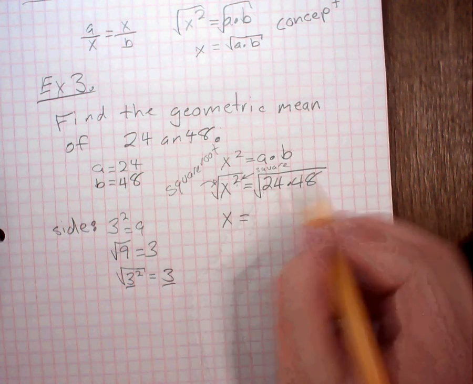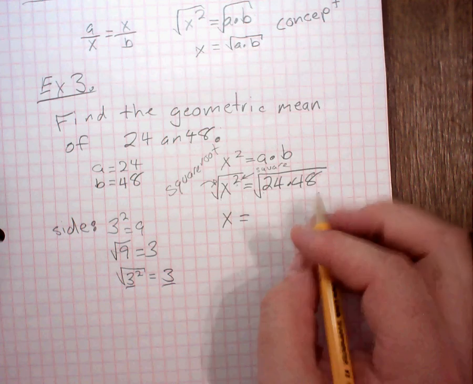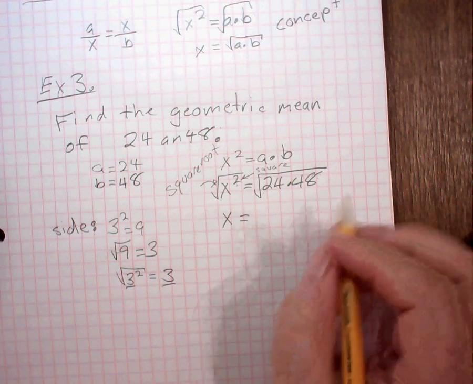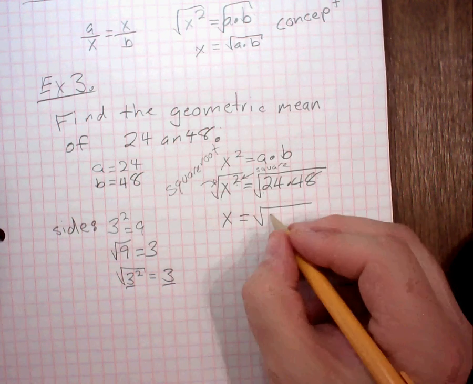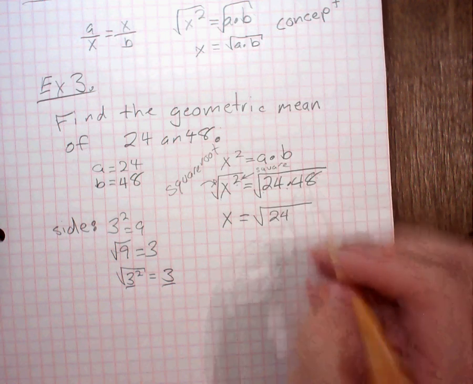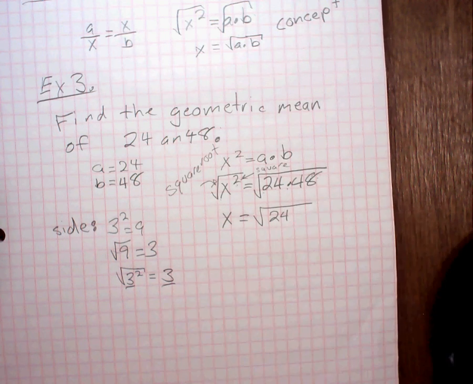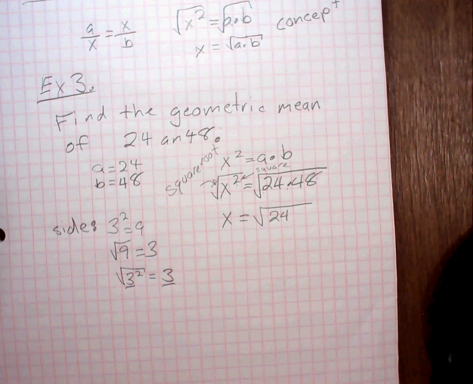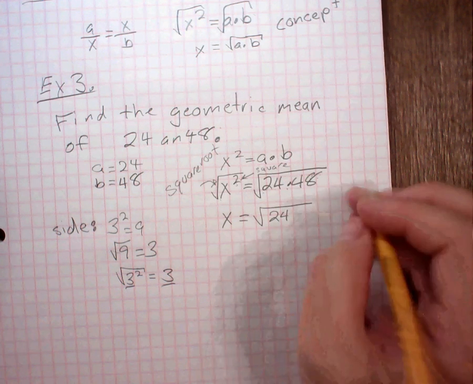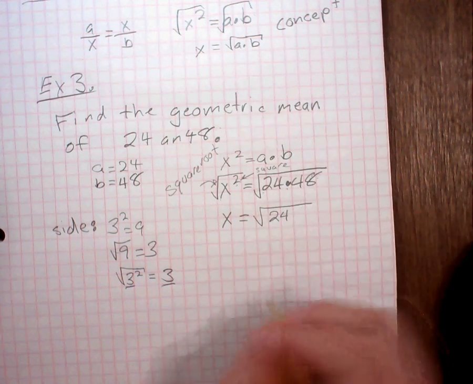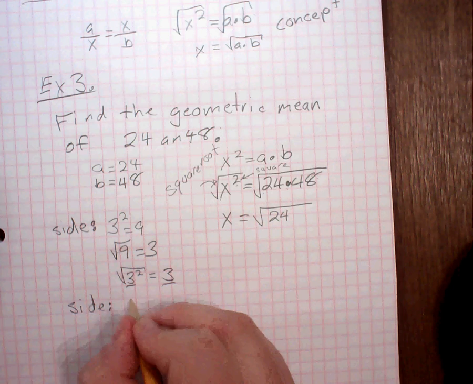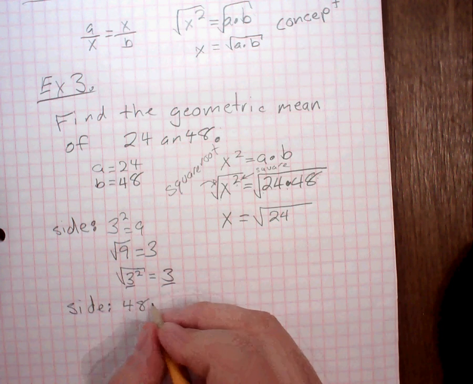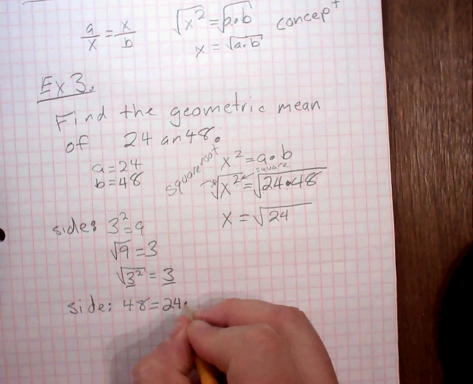Alright, so one of the properties that we could use here is to break this down into squares so we could pull stuff out. I happen to know for a fact that the square root of 24 times 48, and on another side note, 48 is actually equal to 24 times 2.